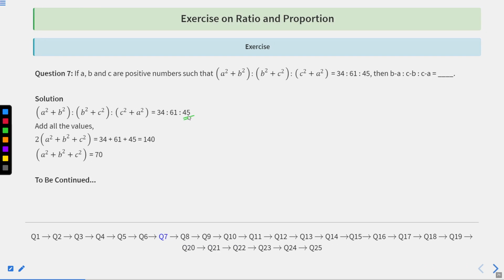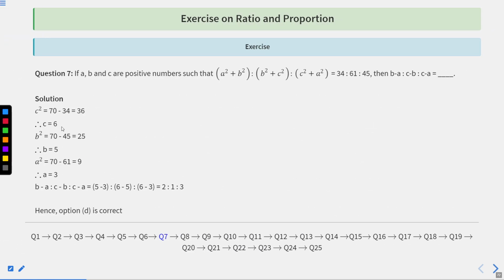This statement is already provided to us. So let us add all of them together. We will have twice of A square, twice of B square, twice of C square equal to 34 plus 61 plus 45, that is equal to 140. So A square plus B square plus C square is going to be 70.